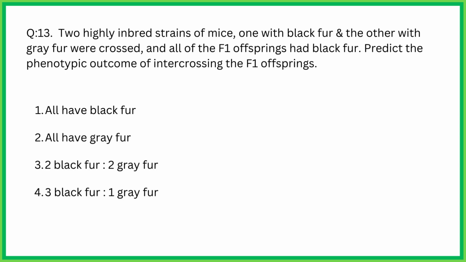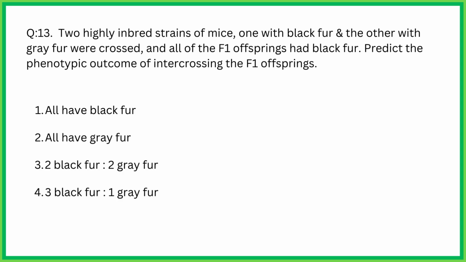Now when small b and small b cross, it will give a grey fur mouse, which is a recessive trait. So when we cross the F1 offspring, according to the phenotypic ratio we get 3:1, meaning 3 black fur mice and 1 grey fur mouse.